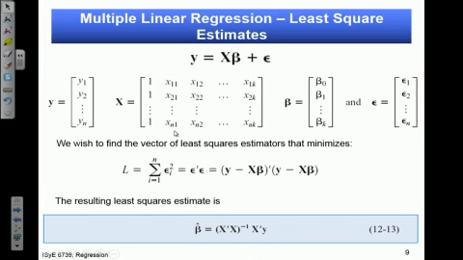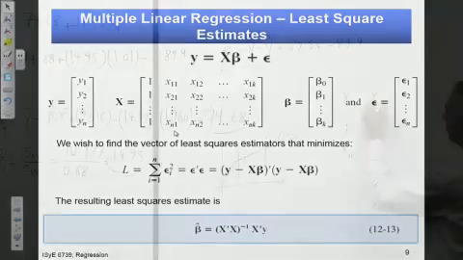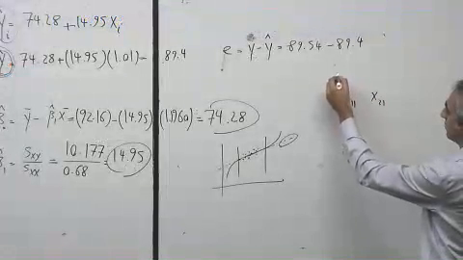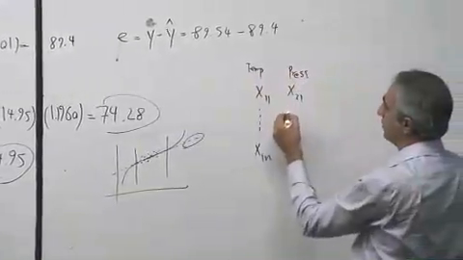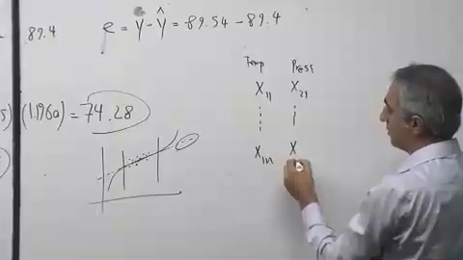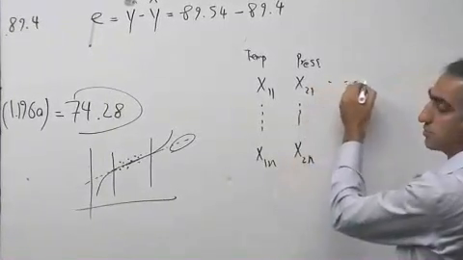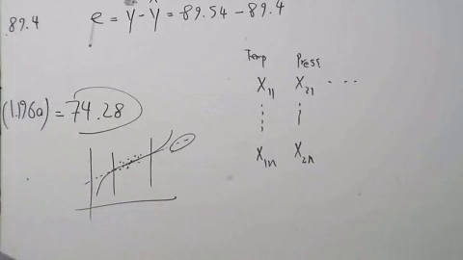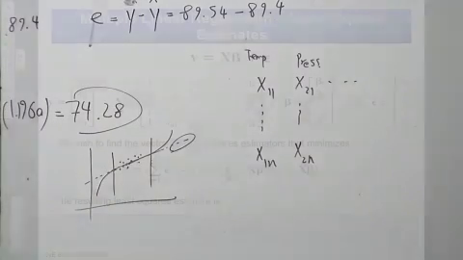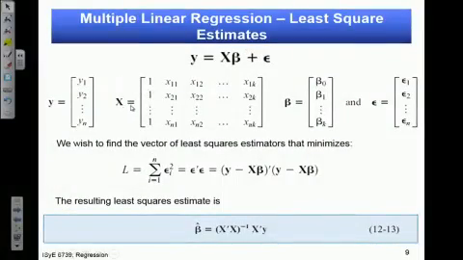How many observations do you have? N observations for x1. x2, let's say, is temperature, and x3 is pressure. You have, again, N observations, and so on and so forth. So you put it in a matrix. We call this matrix the design matrix, or matrix of predictors.